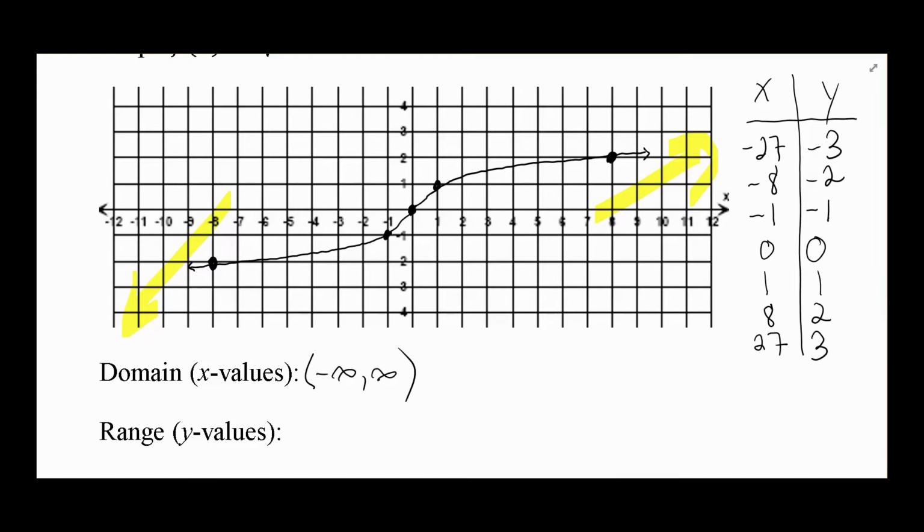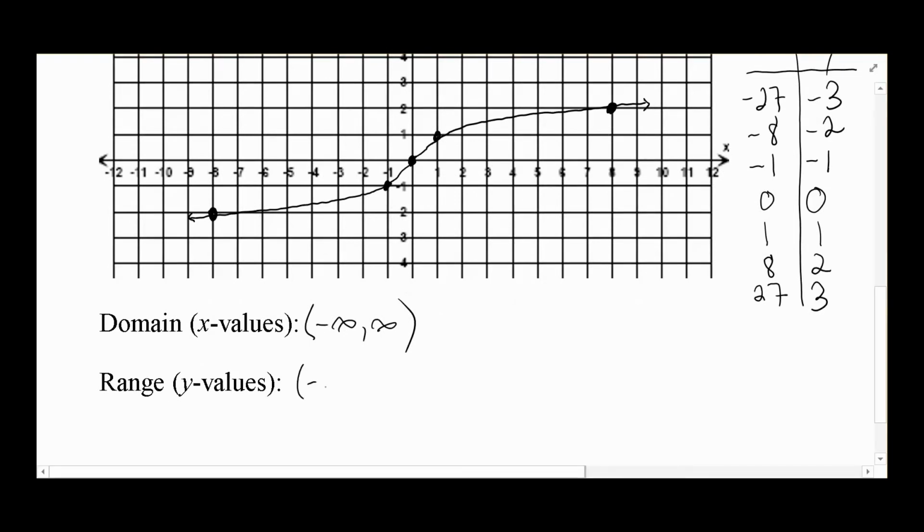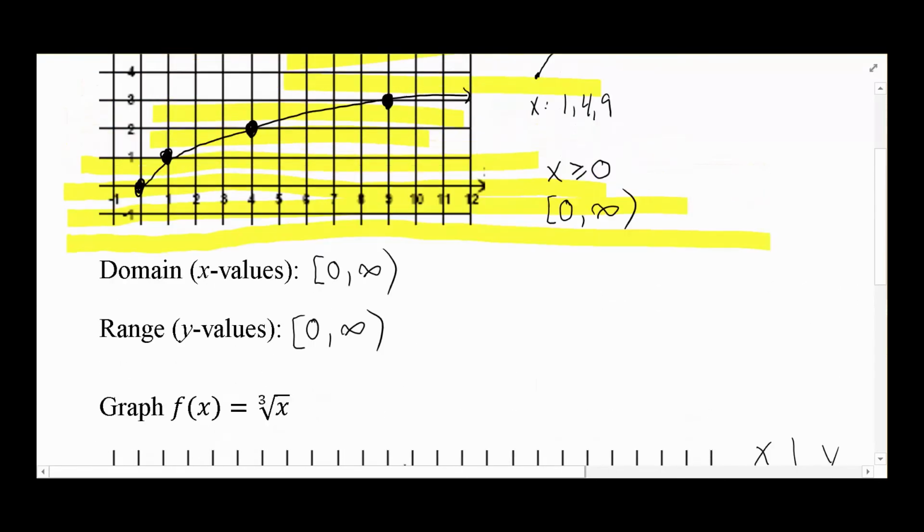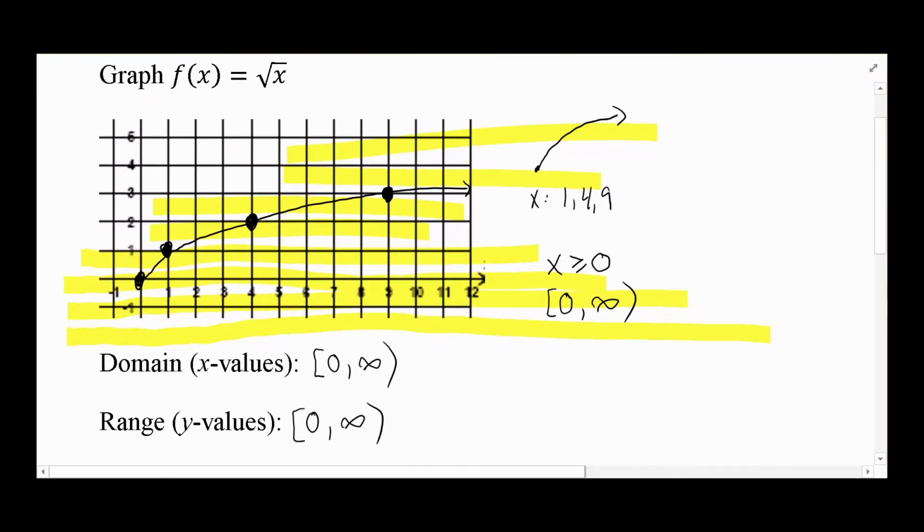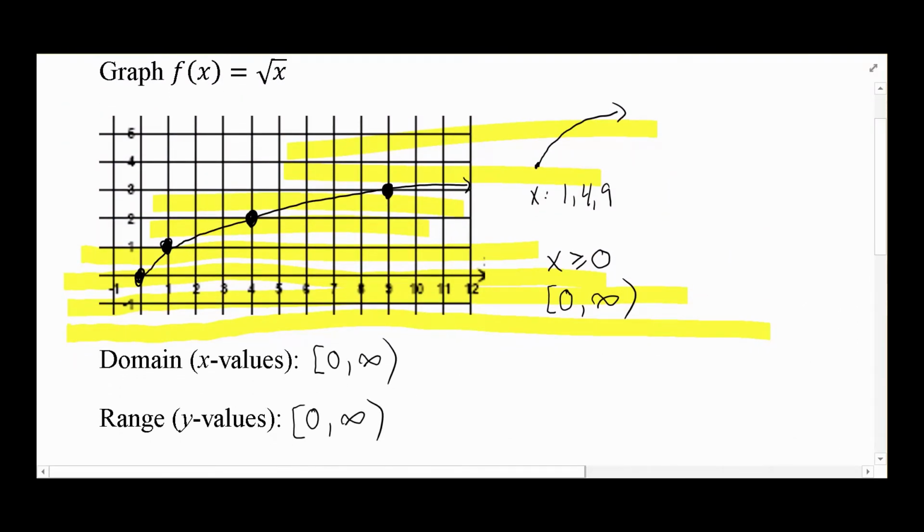Not very quickly, but it does continue to go down and continue to go up, meaning that my range is also negative infinity to infinity. So with cube root graphs, your domain's always going to be negative infinity to infinity. Your range is always negative infinity to infinity. But with square roots, we do have a restricted domain and a restricted range.